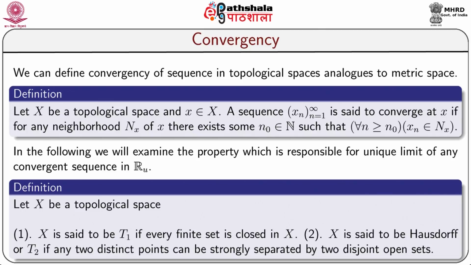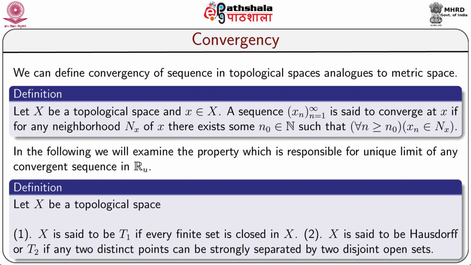Now we will discuss convergence. Like elementary real analysis, we can also define convergence here. We will define it in this fashion: a sequence xn will be called converging to some point x if for any open set U containing x there exists some n0 belongs to N such that xn belongs to U for all n greater or equal to n0.